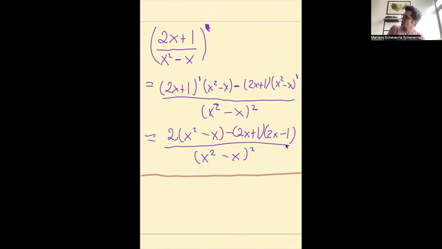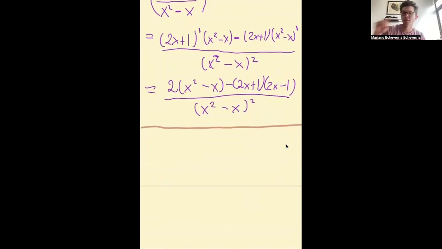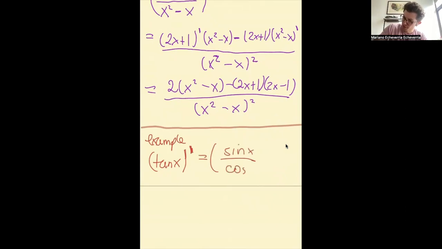So again, let me give you 2 or 4 minutes to think about the following two derivatives. Now with the tools you have, you can find the derivative for tangent and cotangent, right? Here's another example. What would be the derivative of tangent of x? Well, tangent of x is sine of x divided by cosine of x, and so you can apply the quotient rule to this one.